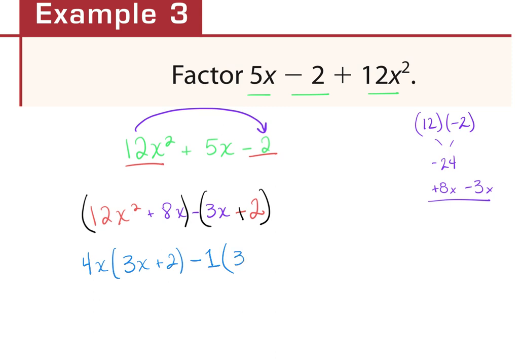I still have the 3x plus 2 because if you divide anything by 1, it doesn't change it. And then you can see that you have a group in common, 3x plus 2, and what is left over is 4x minus 1, and that is my factoring there. 3x plus 2, 4x minus 1.